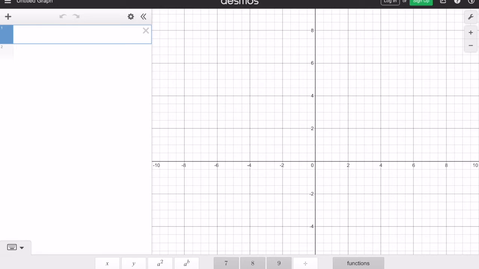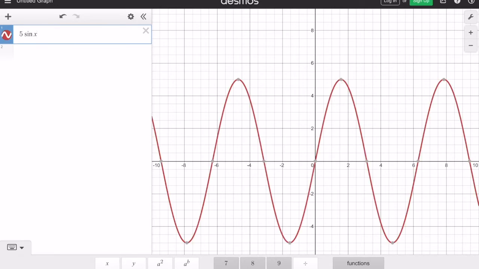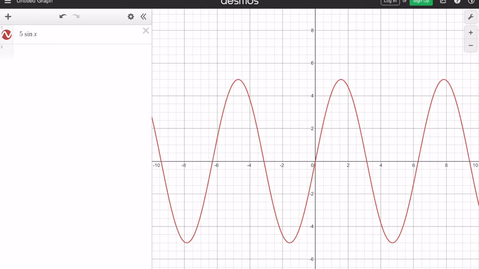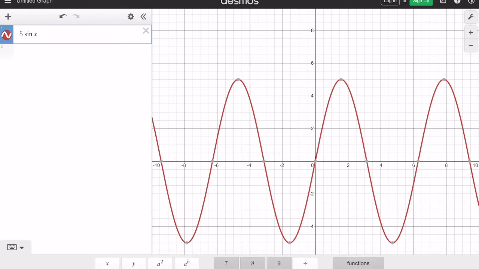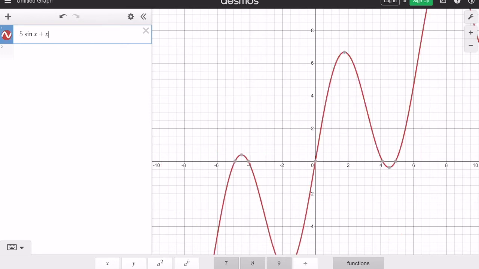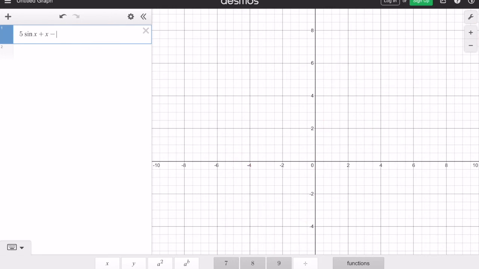So I have 5 sine of x. So here we have our sine graph, right? And the amplitude has grown 5 times. And then I'm going to go ahead and add x to it. And then I'm going to go ahead and subtract 3.